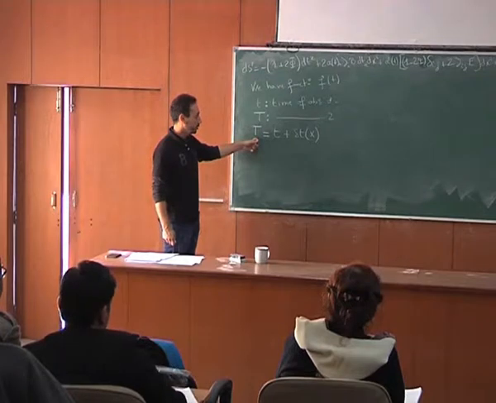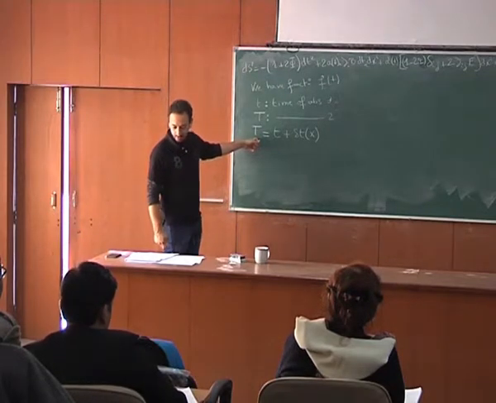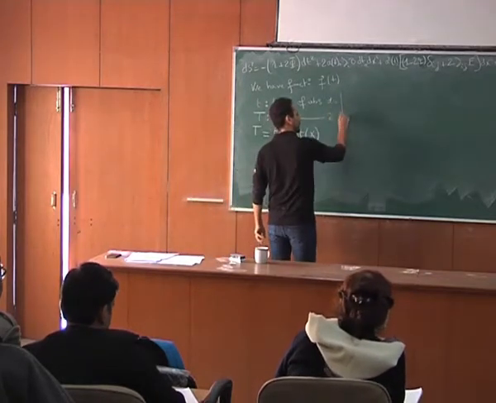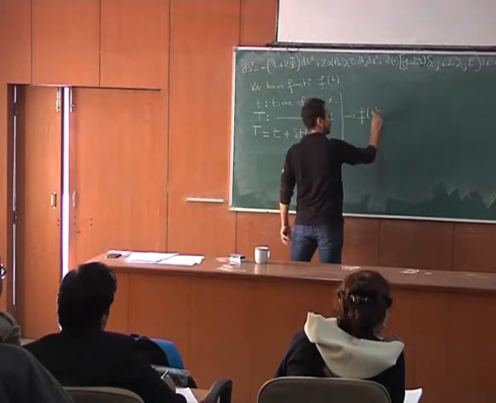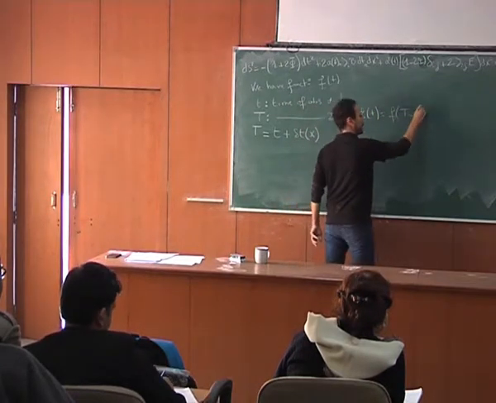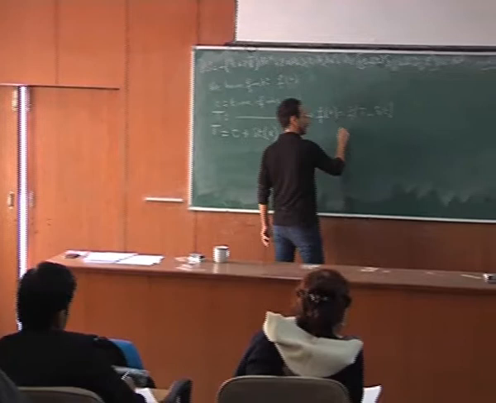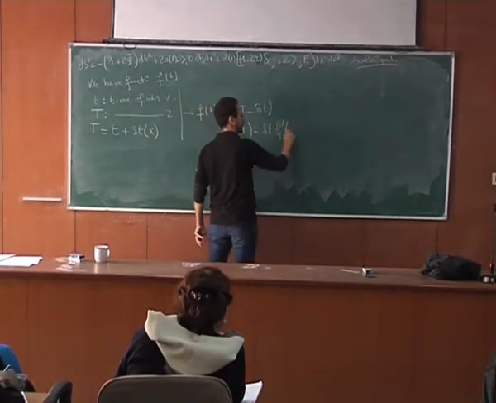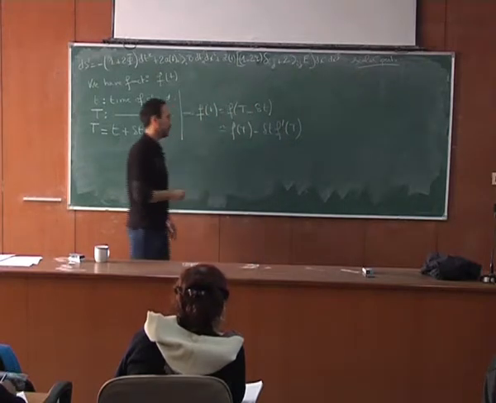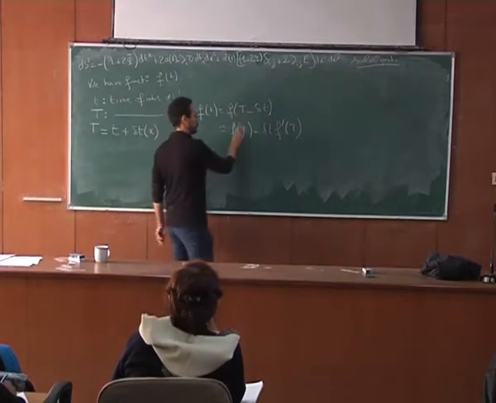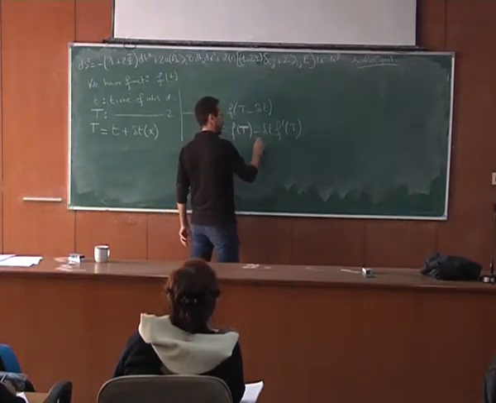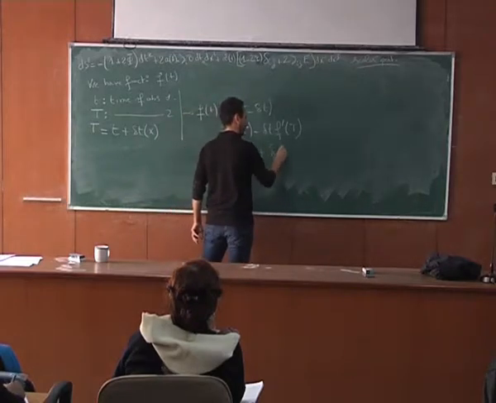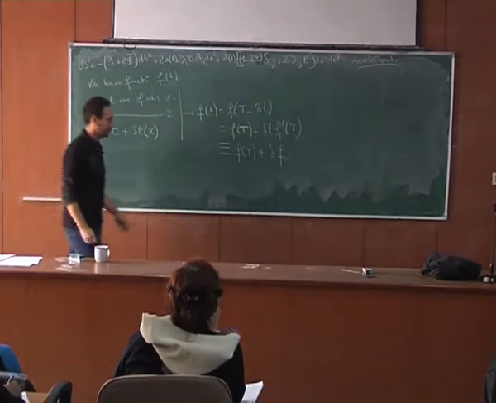Okay, so what is this giving? You have the function f of t. Now f of t is equal to f of T minus delta t, and if delta t is small enough, you get something like that. And you can say that this is some f of t plus some perturbation of f.